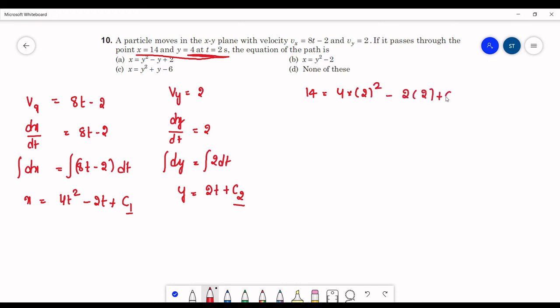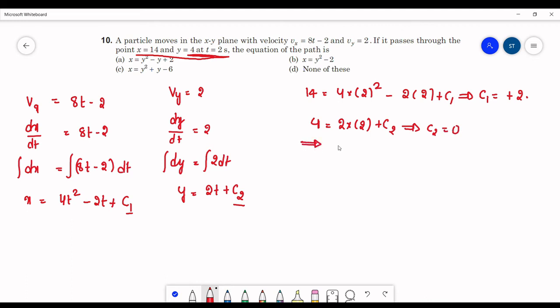So here the value of c1 will be plus 2. Similarly y equals 4 at t equals 2, so 4 equals 2 into 2 plus c2, which implies c2 equals 0. So the expressions can be rewritten here.